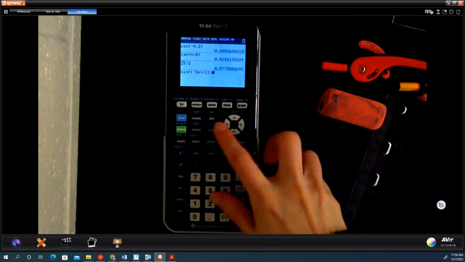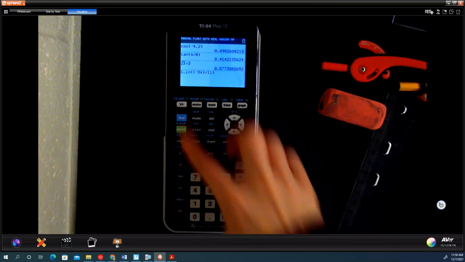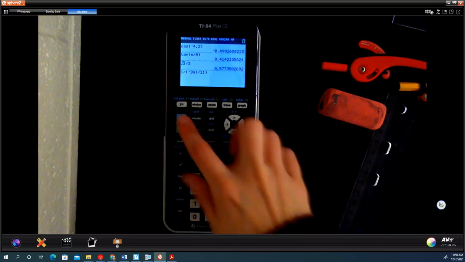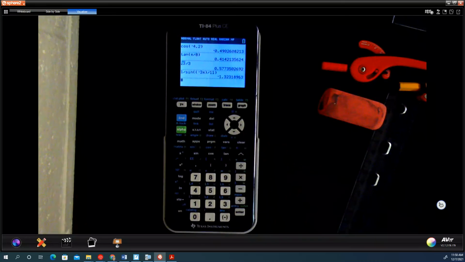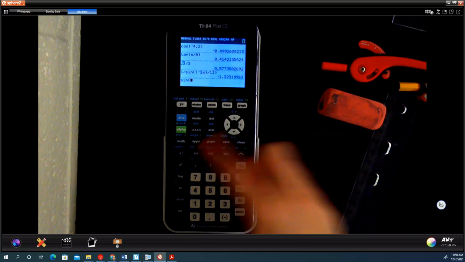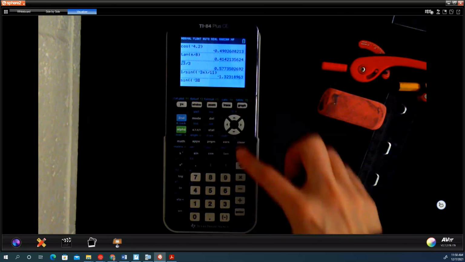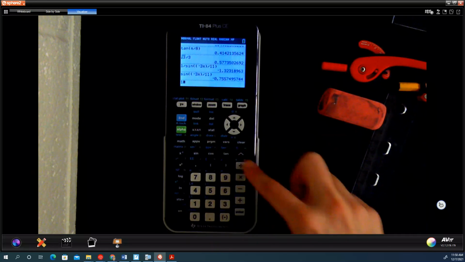Now, negative 1.32. I would do 1 divided by this. That insert button really saves lives. If you wanted to, you can do the sine of negative 3 pi over 11, and then you can just do 1 divided by that number.